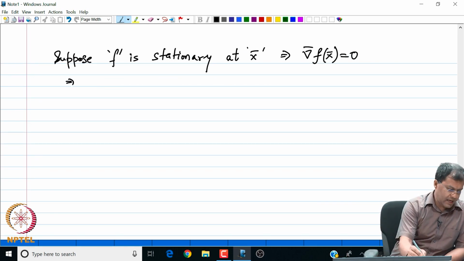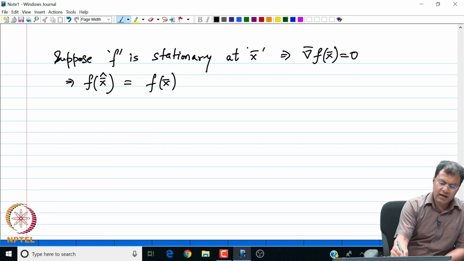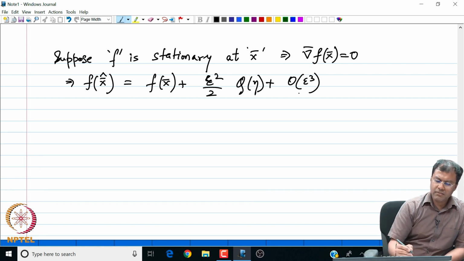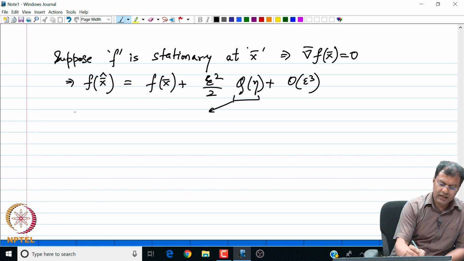So in that case, my f of x hat, the perturbed value, comes out to be f of x bar plus order epsilon square by 2 times Q of eta, plus order epsilon cube term, where my function Q of eta is the following quantity.